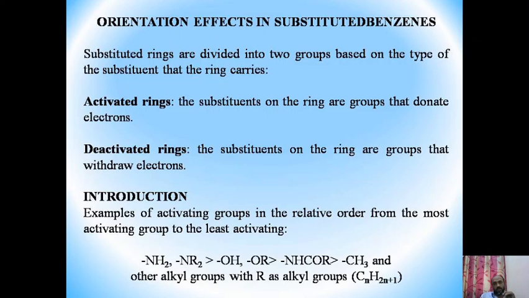Then the OH group and OR group, then the NHCOR group, and then the CH3 group. Other alkyl groups, with R as an alkyl group, that is CnH2n+1. When n equals 1, 2, 3, you get the different types of alkyl groups. That is the least activating functional group.